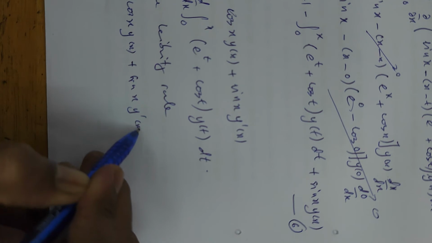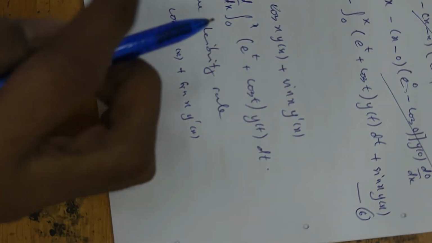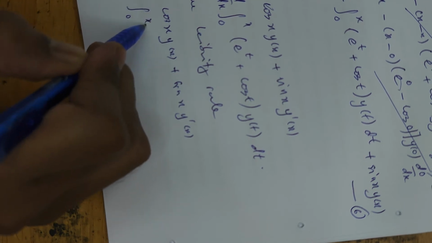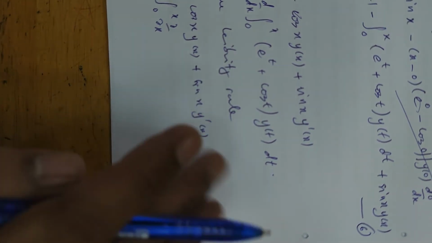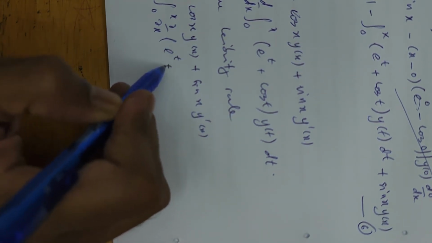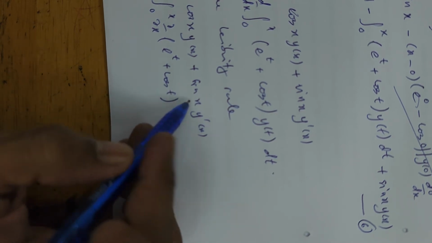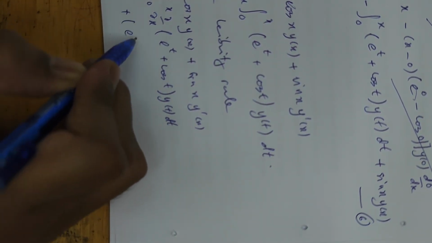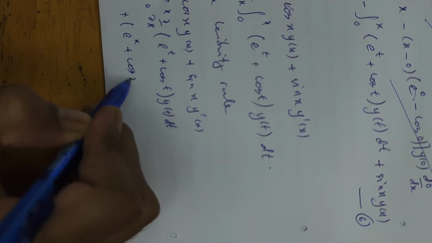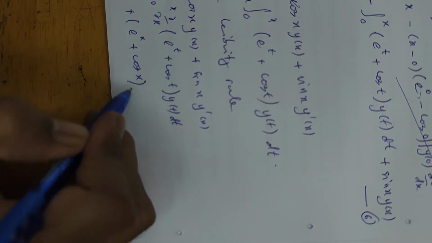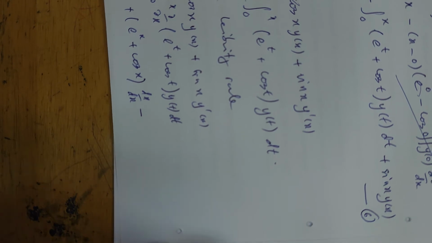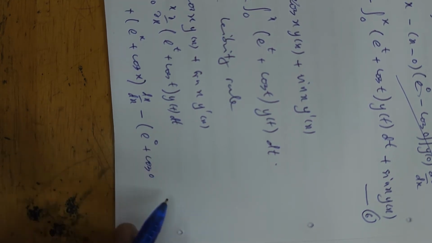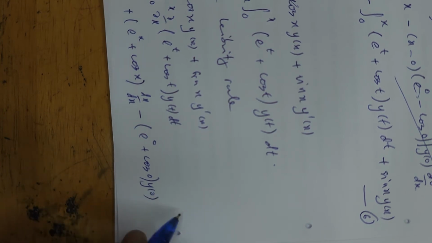For this part, the Leibniz rule gives us minus the integral from 0 to x of del x of e to t plus cos t, y t dt, plus e to x plus cos x evaluated at the upper limit, y x dx dx, minus at the lower limit e to 0 plus cos 0, y 0, d0 dx.